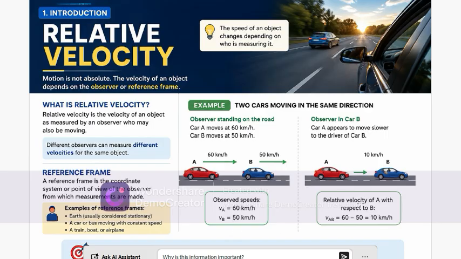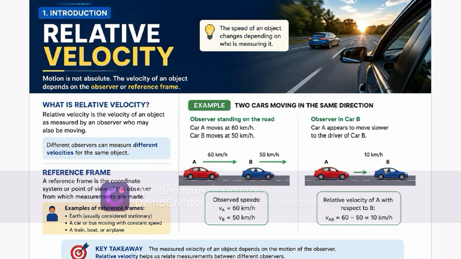We start with the one having the relative velocity, A with respect to B. At the end, the relative velocity is 60 minus 50, which is 10 km per hour. So the key takeaway is that the measured velocity of an object depends on the motion of the observer.